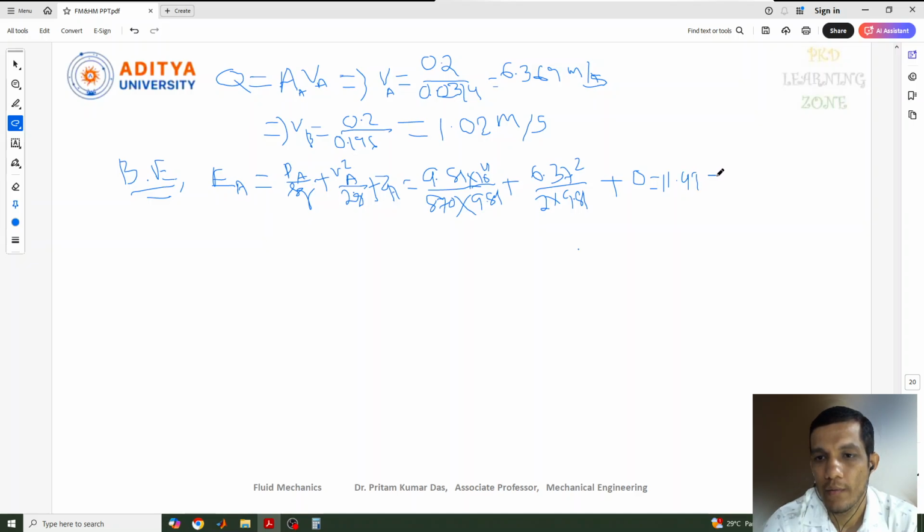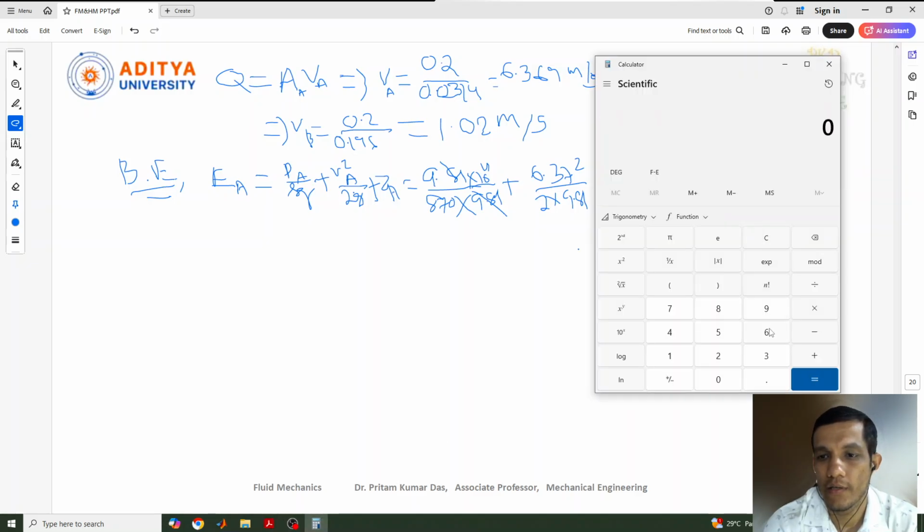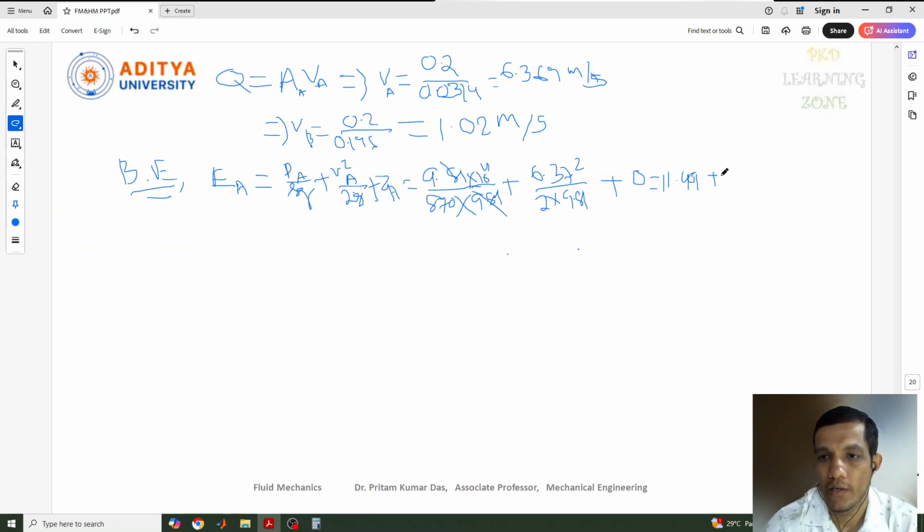Plus 6.37 into 6.37 divided by 2 into 9.81, that is 19.62, which gives 2.068. Here ZA is 0.